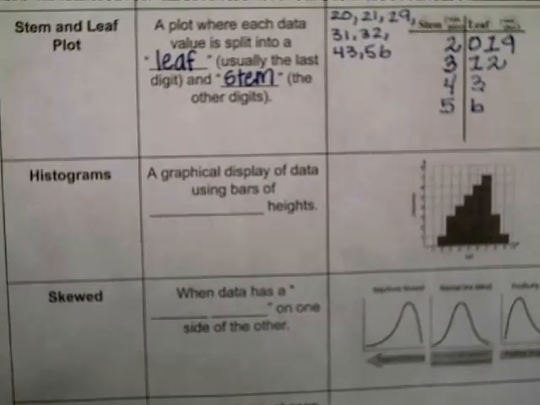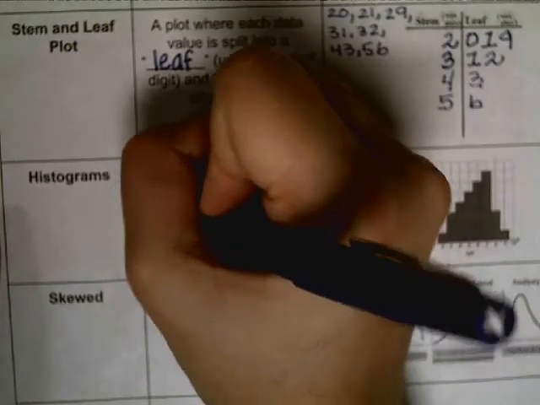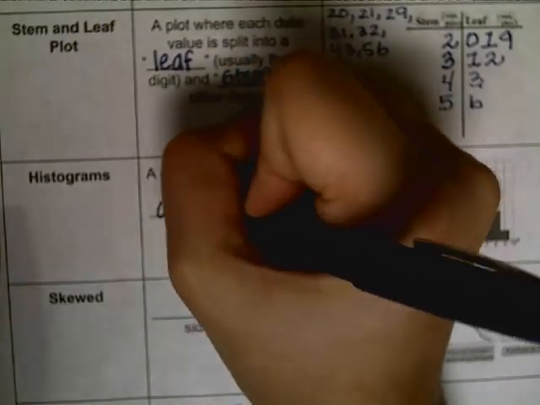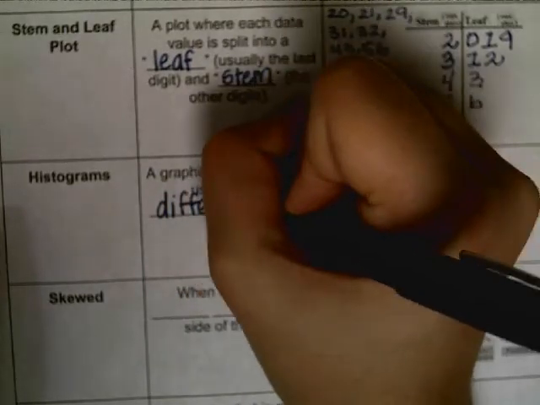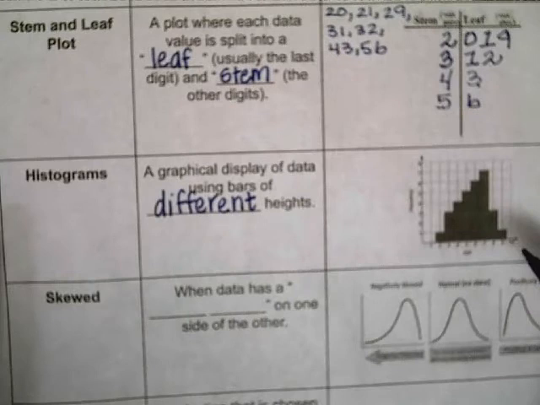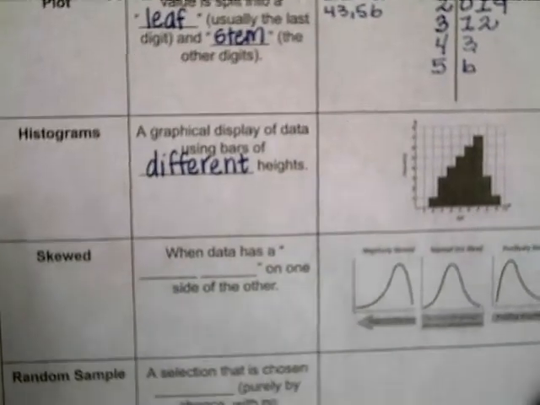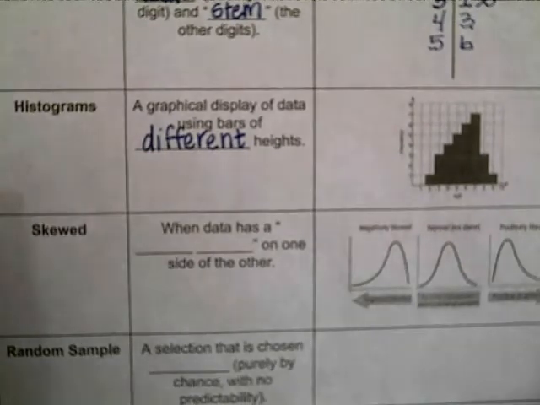Histograms, a graphical display of data using bars of different heights. There's an example of a histogram to the right, and we'll go into more detail later on. Skewed, when data has a long tail on one side or the other.